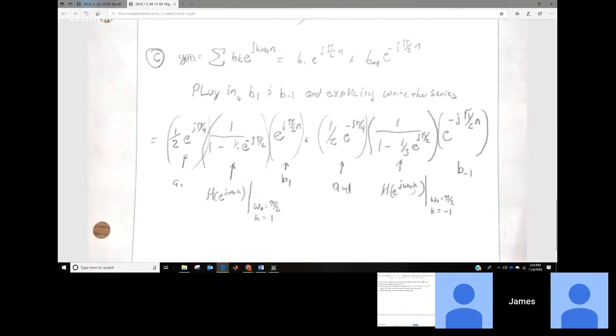So then we plug in the B1 and the B2 and explicitly write the series. So this is basically A1 here. This is your impulse response evaluated at omega of pi over 2 and k of 1. And then this is your B1 coefficient.